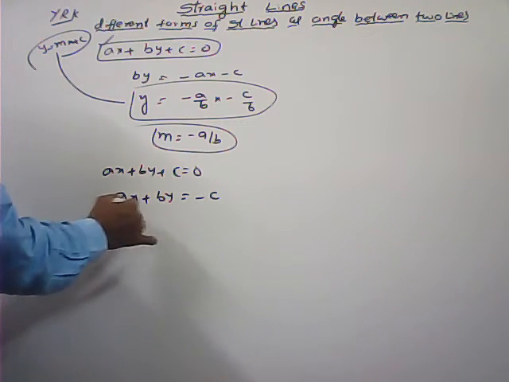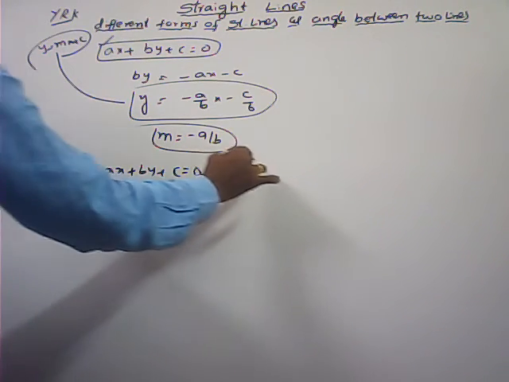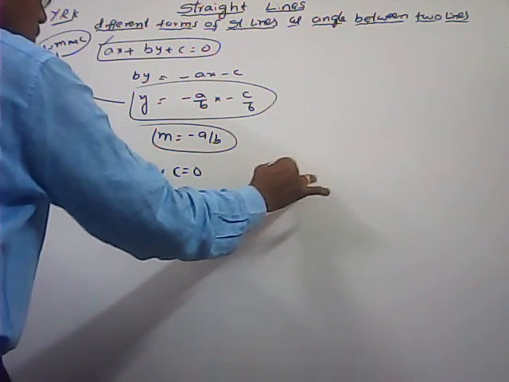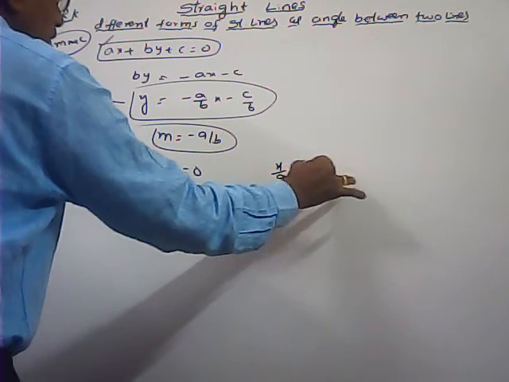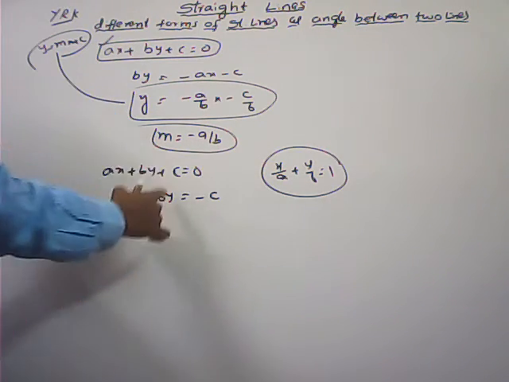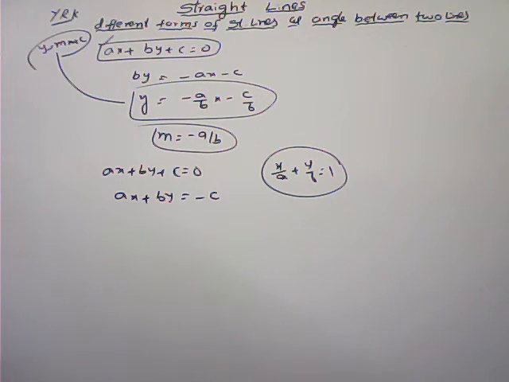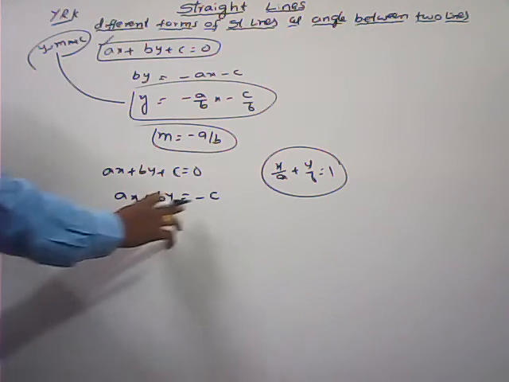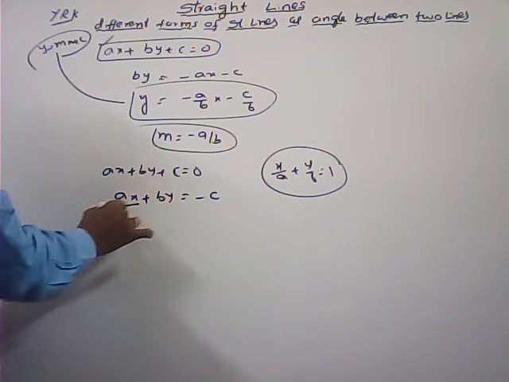Now I am dividing with minus c. The two intercept form is x by a plus y by b equal to 1. To reduce into the two intercept form, first transpose the constant term to the right hand side, after that divide with that constant term, minus c.